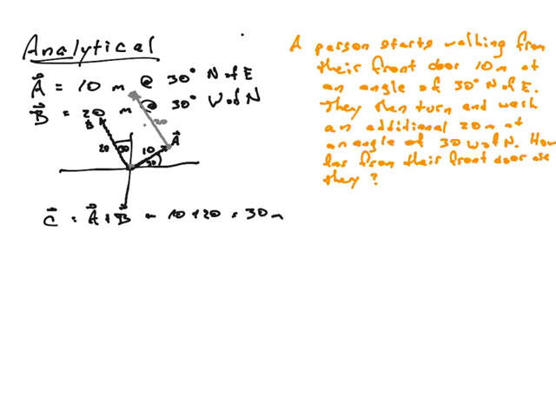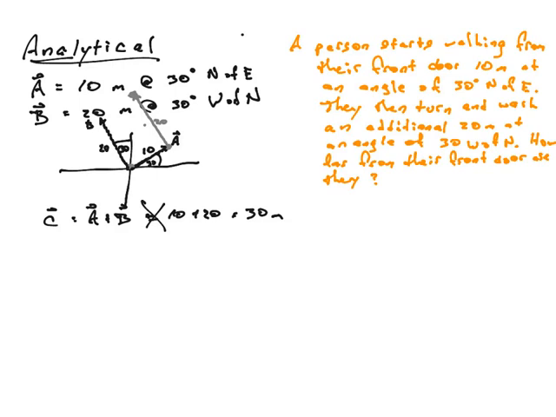This is wrong. So we need to think a little bit more creatively about this problem. The rule of mathematics says you can only add two vectors if they point in the same direction. But they're not pointing in the same direction.